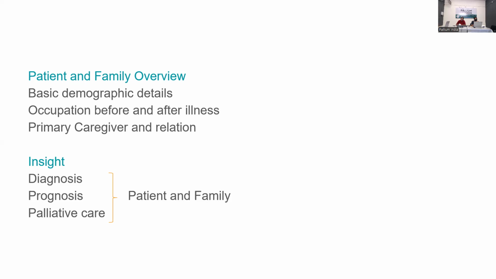Most of the time we also see that the family members may not be ready to share that the patient is diagnosed with cancer. They are not willing to reveal the diagnosis itself to the patient. So we might need to assess all these areas while doing the primary assessment.